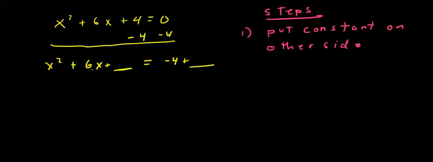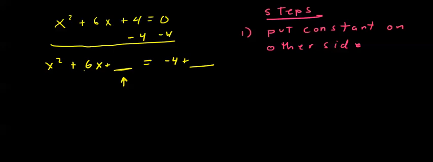In order for this to be a perfect square trinomial, this term right here has to be a perfect square. And when I take the square root times x and double it, I have to get 6.